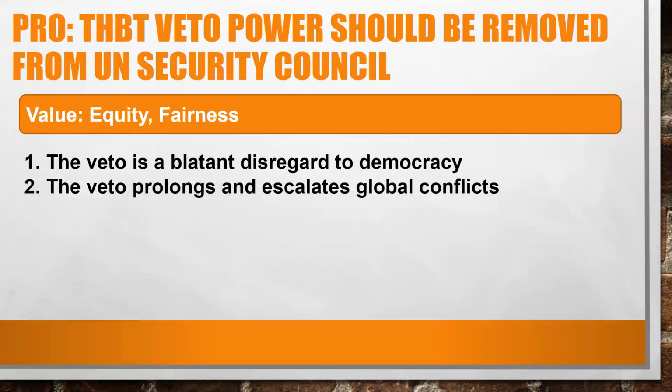Secondly, you can say the veto prolongs and escalates global conflicts. What do I mean by this? If, say, Israel and Palestine are at war, and every time the UN Security Council comes out with a plan to stop this war, the US will just say veto, veto, veto all the time, then you're not going to see any peace in Israel and Palestine. Same for Syria.